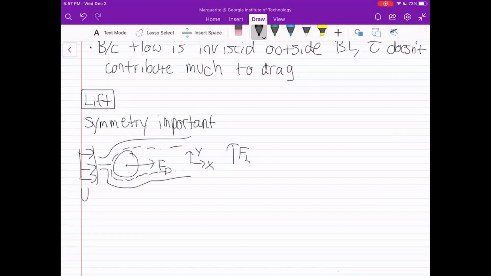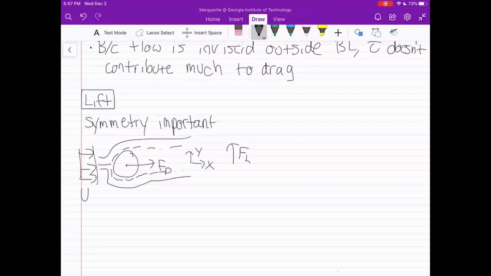From front to back, which will affect our drag, we have asymmetry, and so we have that pressure gradient, which is going to cause our drag. But if you look at the top and the bottom, it's exactly the same. It's symmetrical. There's going to be no difference in pressure, no difference in shear. They all cancel out, and then your lift is 0.